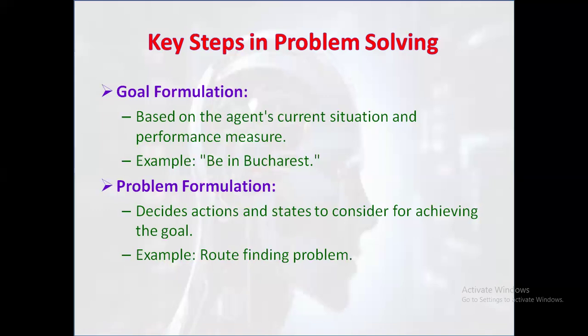It includes specifying the possible states the agent can be in, for example, different cities in a travel problem, and the actions the agent can take to transition between those states, that is, driving from one city to another. The problem formulation also defines the constraints and rules that govern the agent's actions, such as the maximum distance the agent can travel in a single action. That is more important.